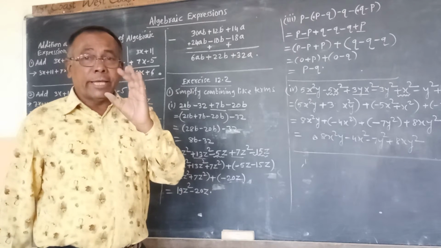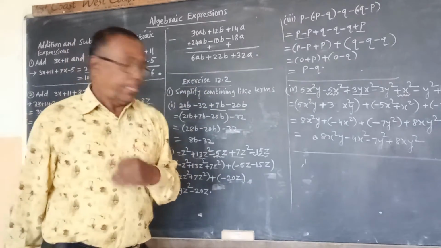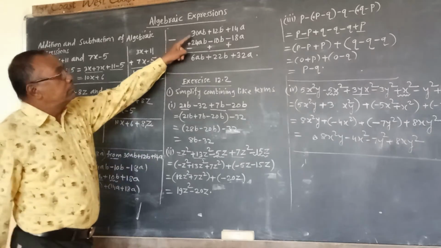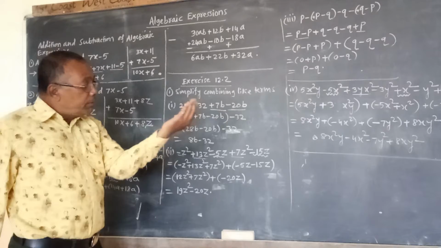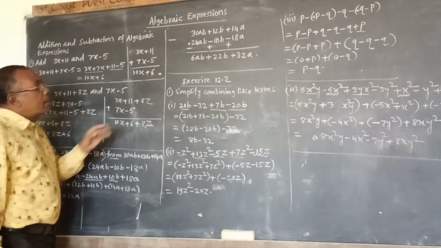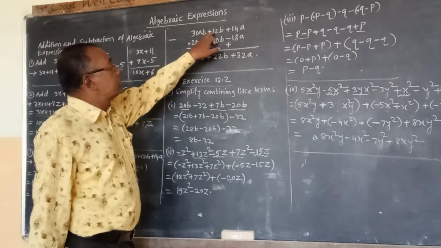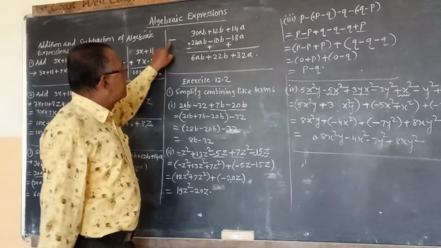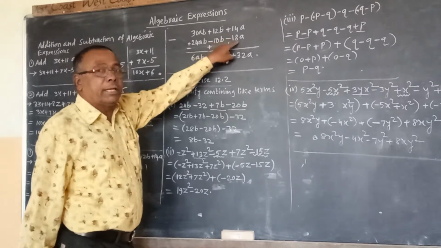So I have told you that the expression which is after "from" goes right above, and the term before "from" goes right below. So here 30ab plus 12b plus 14a, minus 24ab minus 10b and minus 18a.